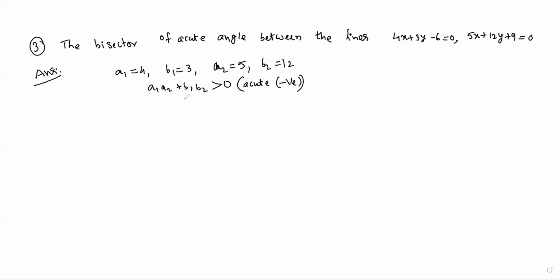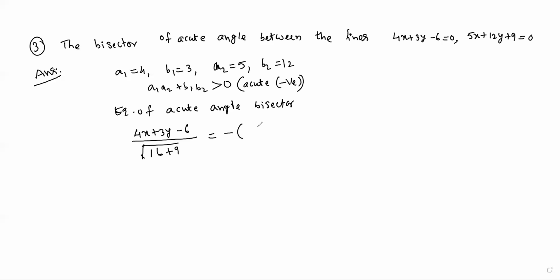Minus. That's why we'll take the equation of the acute angle bisector: a1x, that is 4x plus 3y minus 6 by square root of 4 square 16 plus 9, is equal to, what symbol do we take here? Minus.